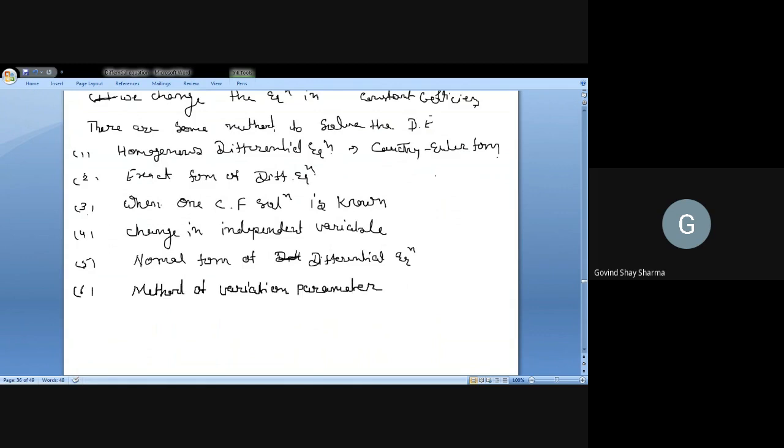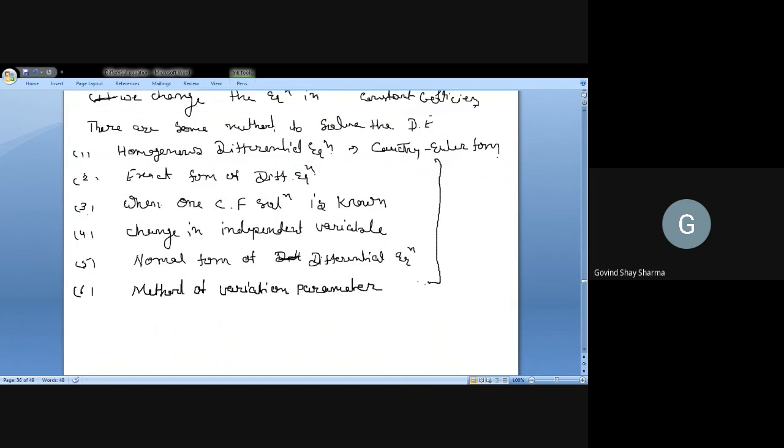The sixth method is what we will use to find the solution of a differential equation with variable coefficient. We will discuss them one by one in the lecture with an example of each.